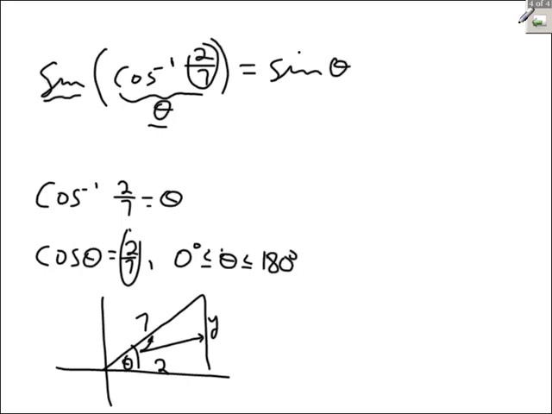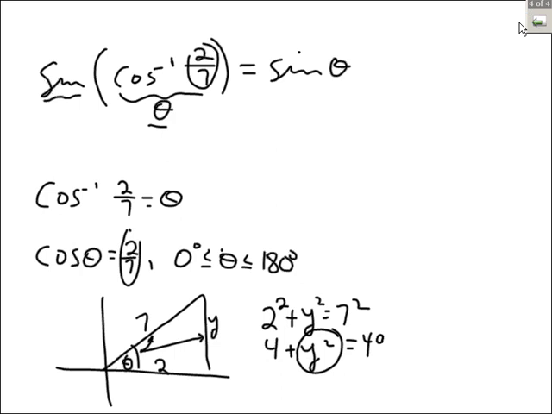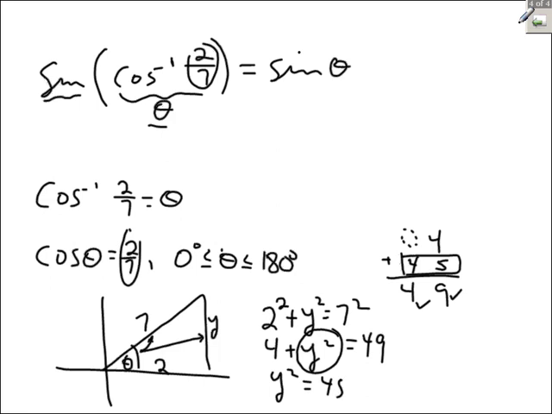Let's call it y. 2 squared plus y squared is 7 squared. 4 plus some unknown number is 49. 7 squared is 49. 4 plus what gives you 49? 45. Y squared must be 45.